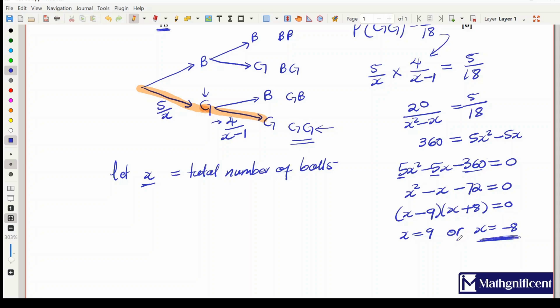A negative number, because we can't have a total of something that is equal to a negative number. So we are going to reject this, and then we are going to say, therefore, x is equal to 9. X, which is what? The total number of balls. So this is how we actually try and solve this particular question here.